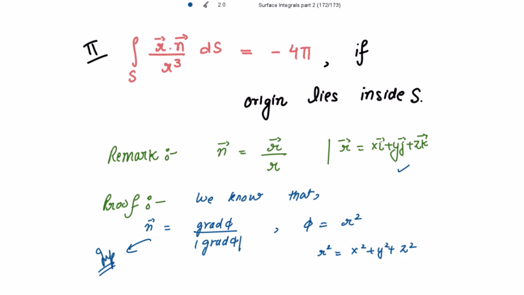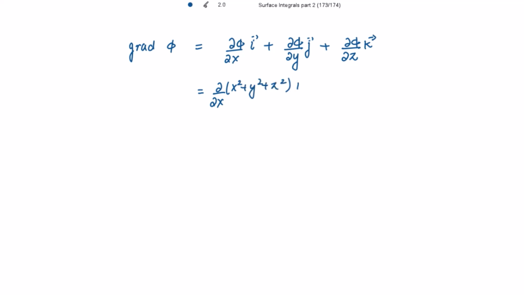Let's find out what is grad of phi. So grad of phi is equal to partial derivative of phi with respect to x i vector plus partial derivative of phi with respect to y j vector plus partial derivative of phi with respect to z k vector. So this is partial derivative of phi, that means x square plus y square plus z square, with respect to x i vector. And similarly writing for the other terms also.